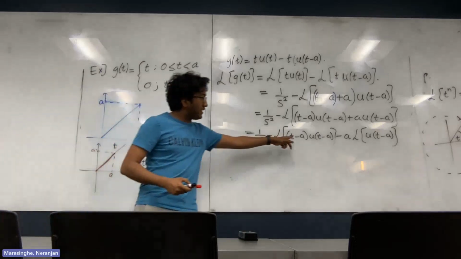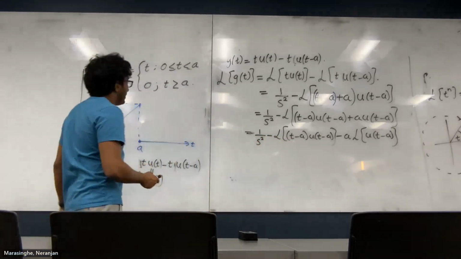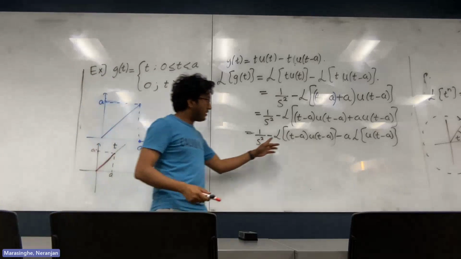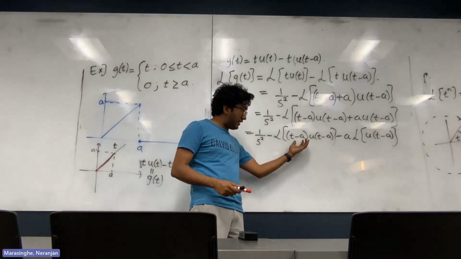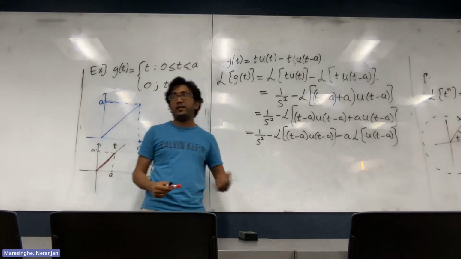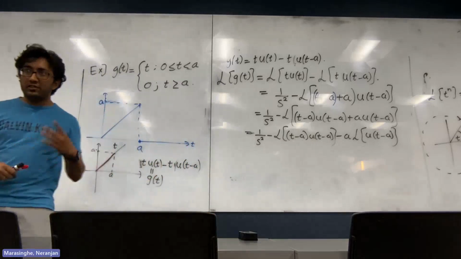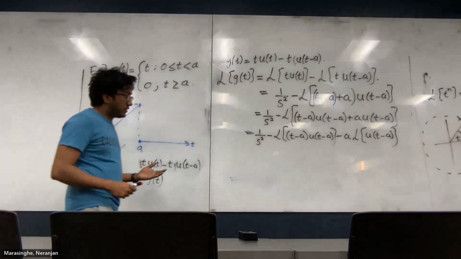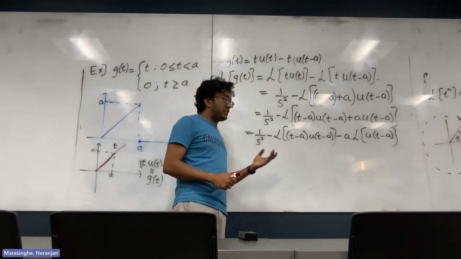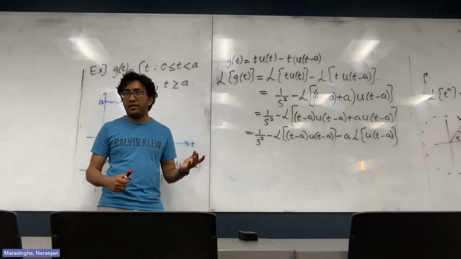What is the Laplace transform of this function? Let's use the formula that I used. Now I have translated t by a units in the time domain, so that would result in multiplication by exponential in Laplace domain.